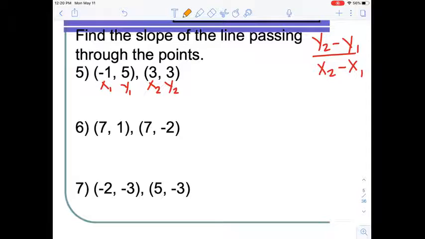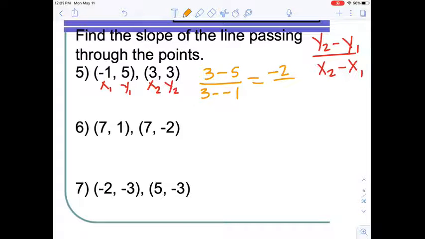Then I'm just going to plug them in. So y2 minus y1. Well, my y2 is 3 and my y1 is 5. So I'm going to take 3 minus 5. And then x2 minus x1. My x2 is 3 and my x1 is negative 1. So I'm going to take 3 minus negative 1.